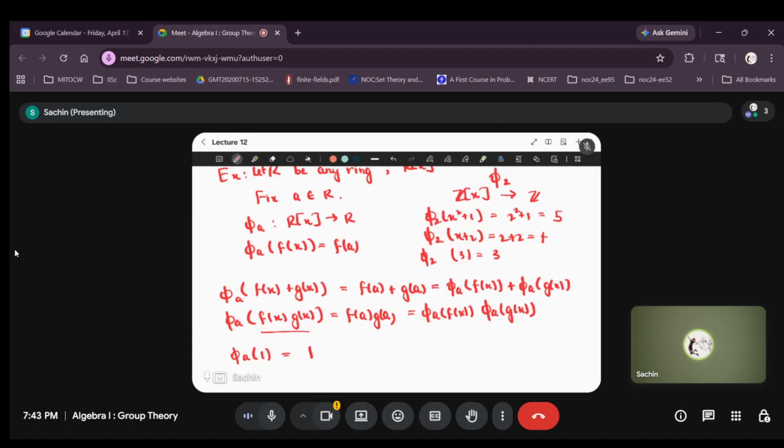So this is simply 1. Therefore, this phi a is a homomorphism from the polynomial ring with coefficients from R to the ring of coefficients R. Is that okay?